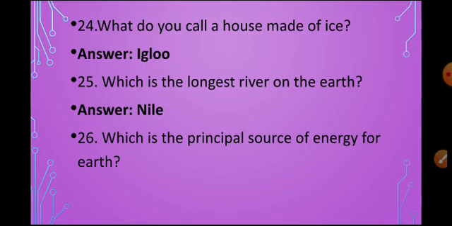It creates warm weather for us, and the answer is the sun. The sun is the single element in the universe that provides energy for us. Okay, it is the primary or principal source of energy for Earth.